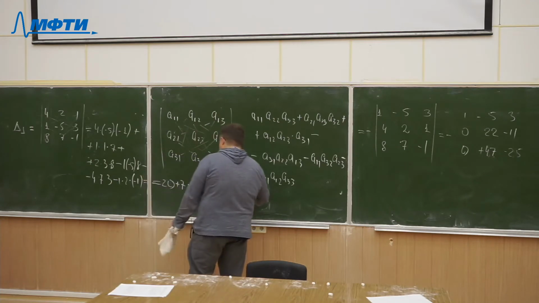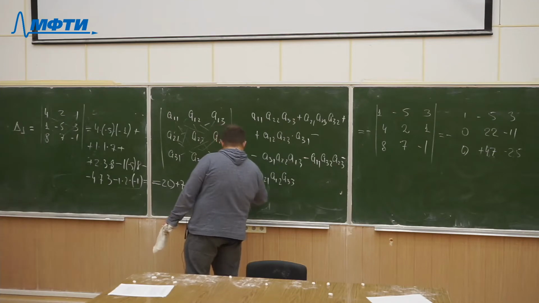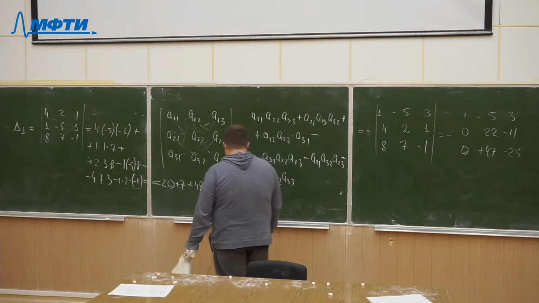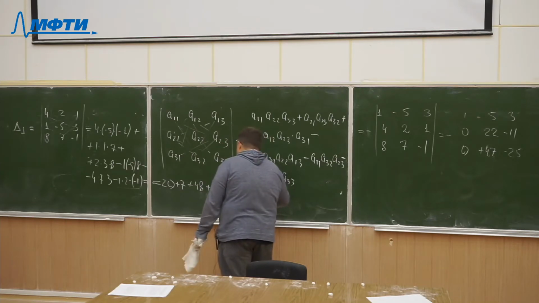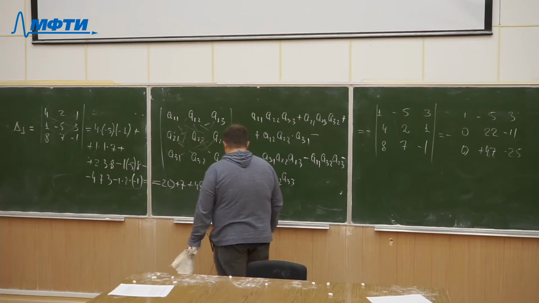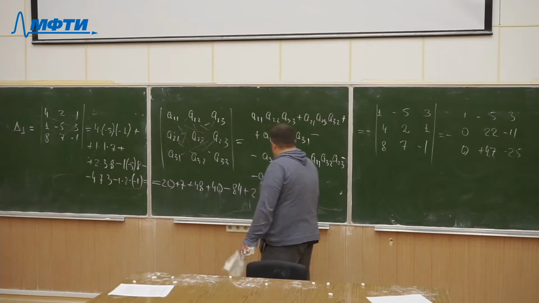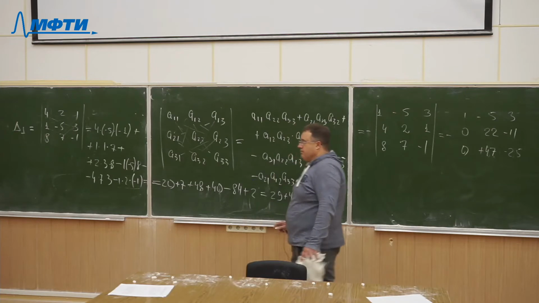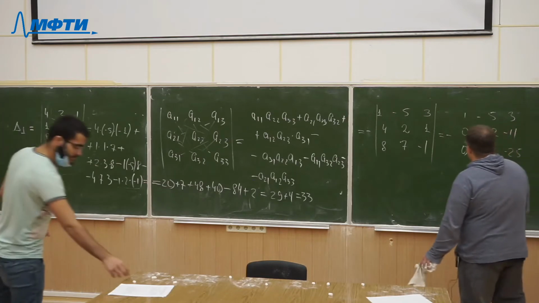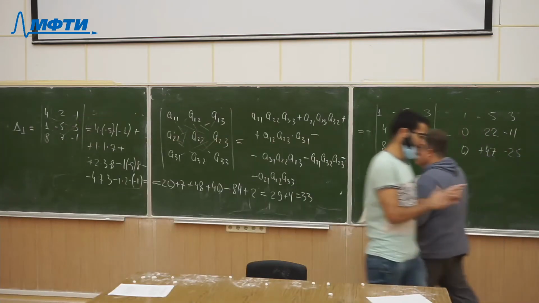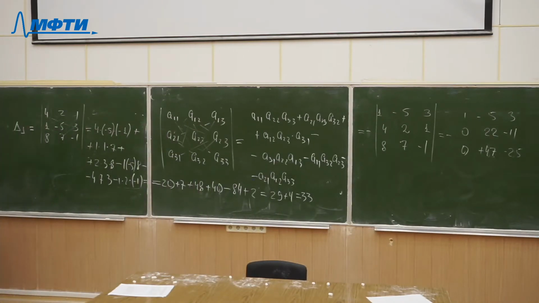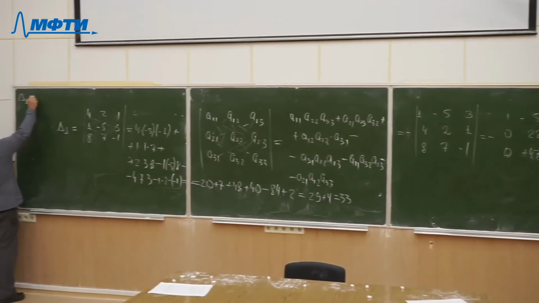That's different here. My mistake is here. So what do we have: 27, 29, plus 4 equals 33. Yes, I see. So delta sub 1 equals 33.